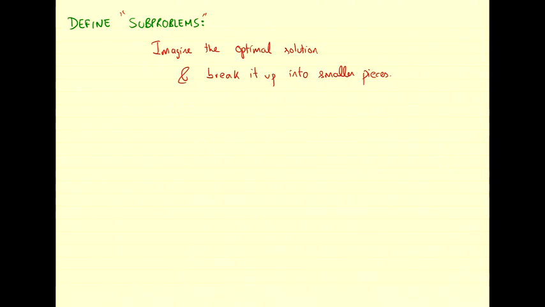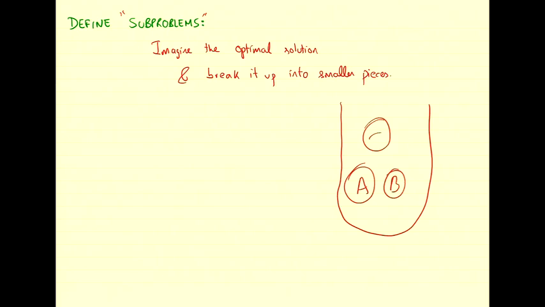So what is the optimal solution here? Depending on how vivid your imagination is, there's some knapsack and then there are some items in it. You imagine the optimal solution, it has some things in it, and then you want to try to break it up into smaller pieces. What does breaking up into smaller pieces mean? Let's just take out an item from here.